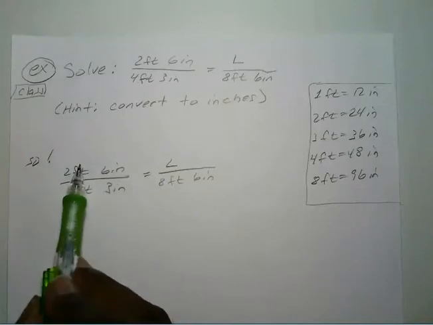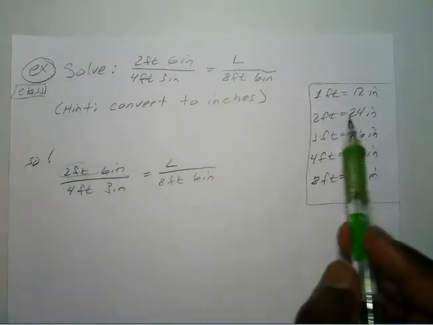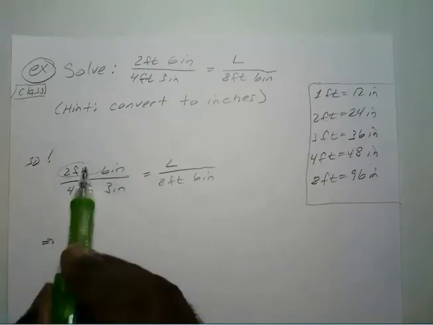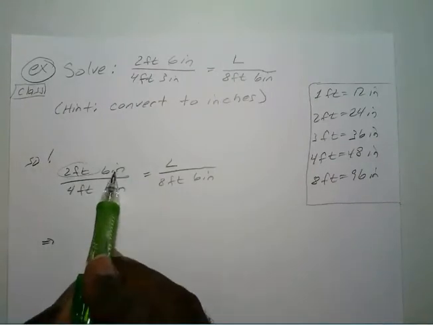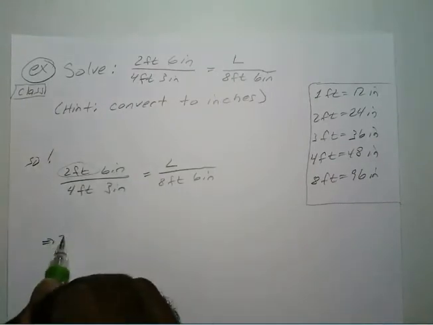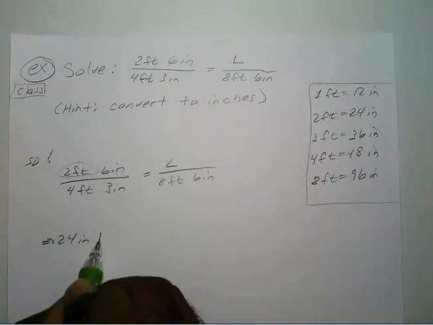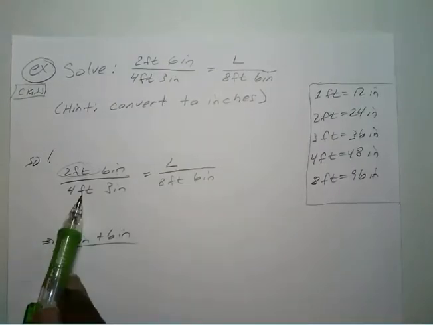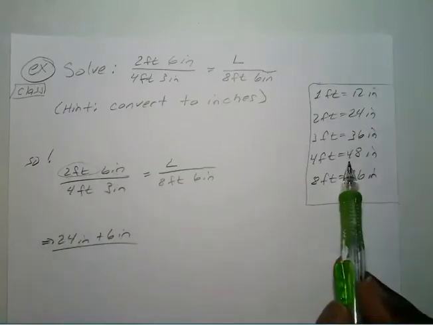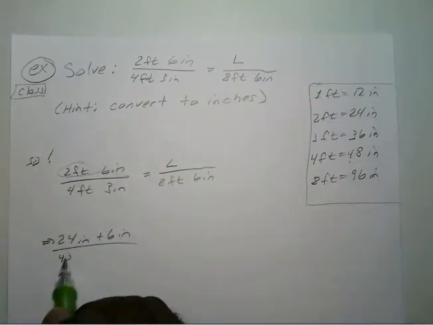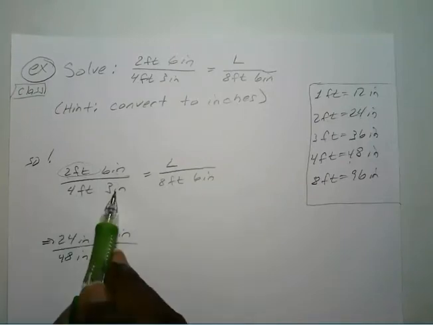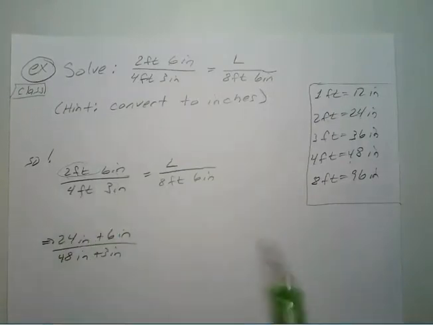Okay, so 2 feet, we know that 2 feet is 24 inches. So you have 2 feet plus 6 inches, that will become 24 inches plus 6 inches. 4 feet, we know that's 48 inches. So that's 48 inches plus 3 inches.